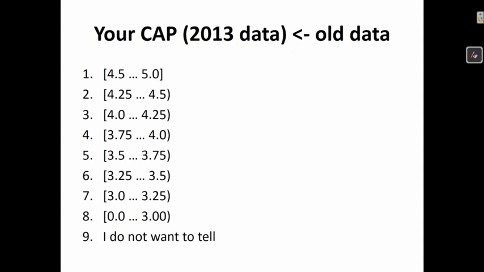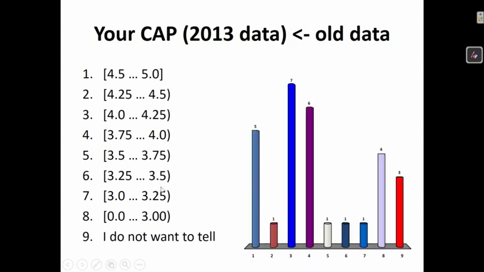So we only have old data, 2013 data, also in a few brackets. This is what we have, which I can sort of force into a bell curve. I'm just forcing the bell curve on it, so exactly bell shape.